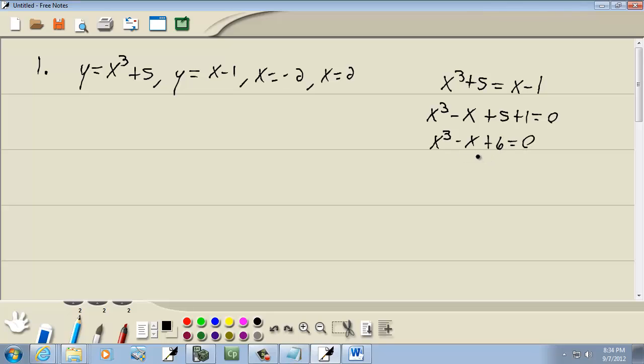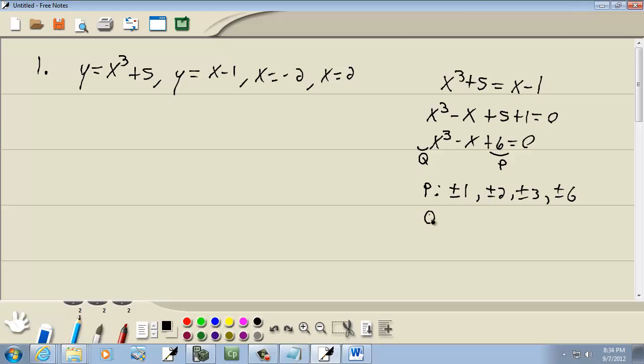Now this doesn't factor at all. So what we have to do is use the rational root theorem. If you remember right, this is P and this is Q. We list all the products down. That gives us P. Well, that'd be 1 times 6 and 2 times 3.